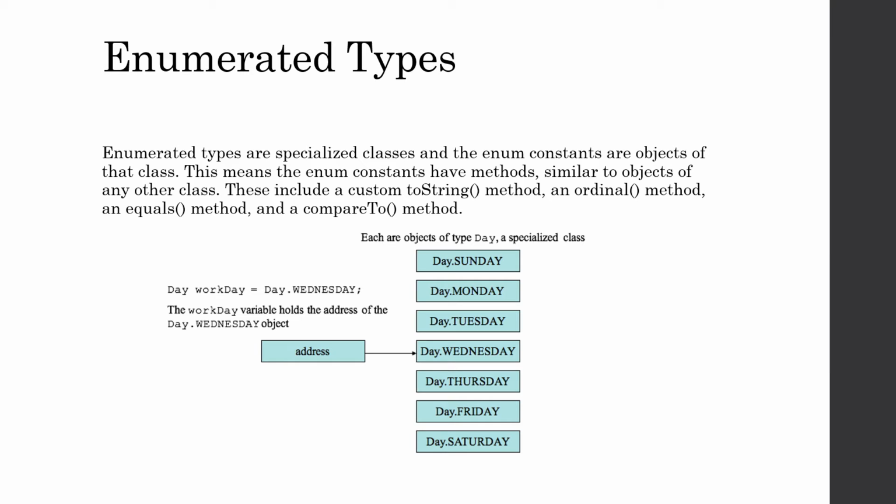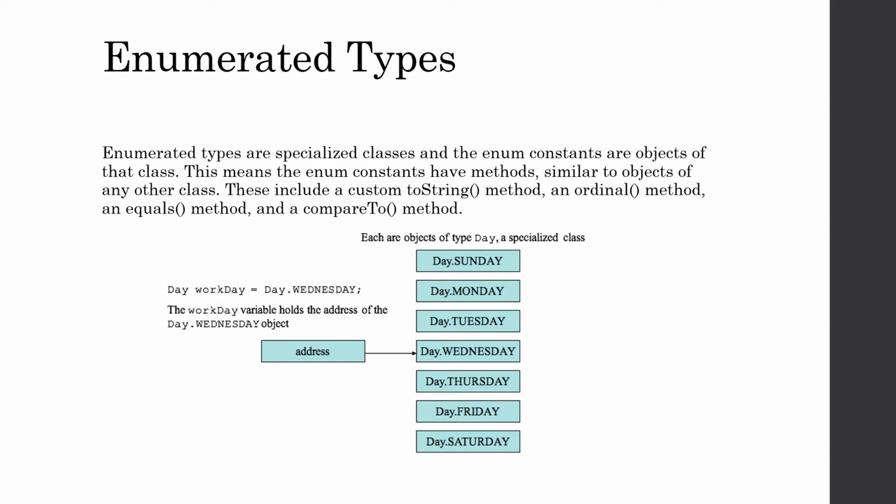So the general idea here is that enumerated types are going to be specialized classes, and that those enum constants, they're not actually fields, they're actually objects of that class. So this means that the enum constants will have methods similar to objects of any other class. This includes things like a custom toString method. We'll also see that they have an ordinal method, see what that does. They also have their own equals method and a compareTo method.